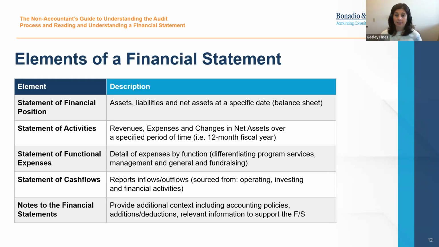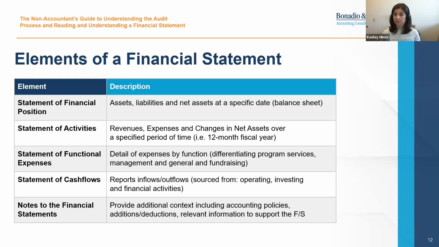Your statement of activities will represent essentially a profit and loss, or an income statement, which is often a term folks are more accustomed to. Your revenues are your inflows. It could be from the sale of something. It could be grant revenue or donations. It could be contributions from donors. Any inflow is what represents the revenues.